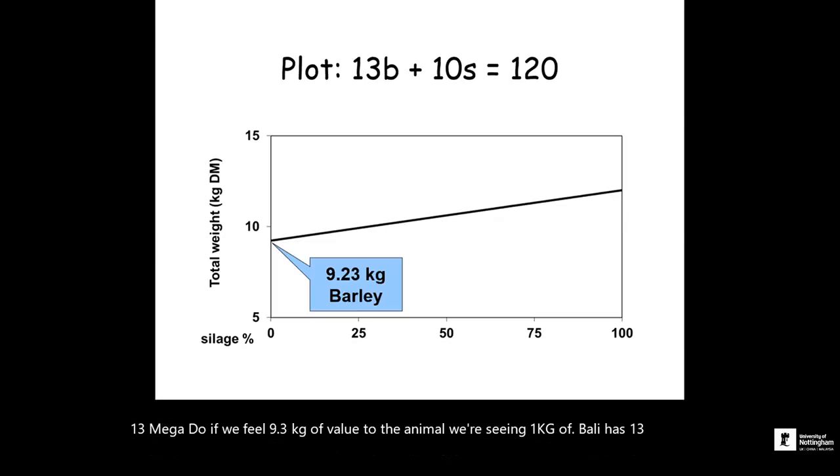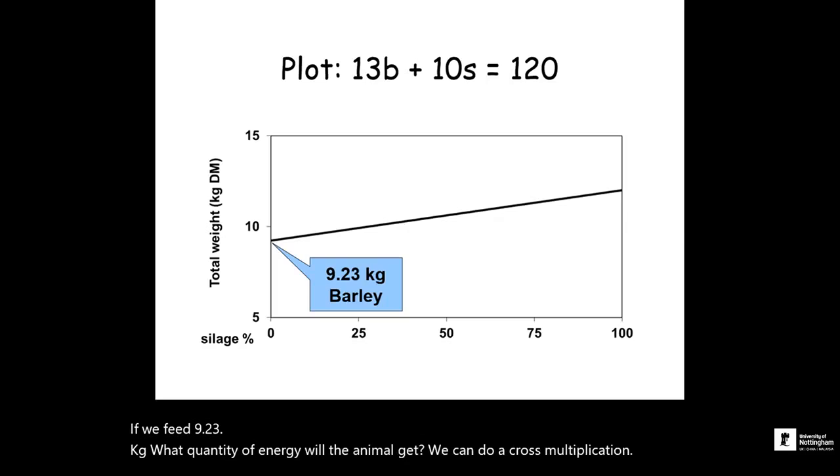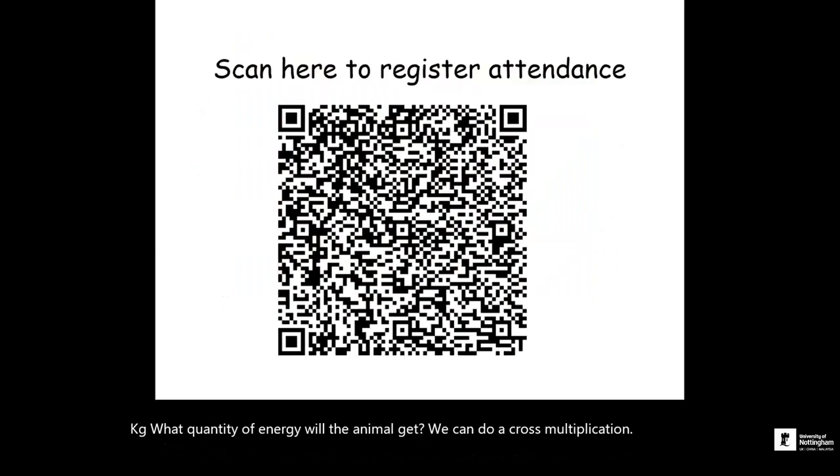If we feed 9.23 kg of barley to the animal, we're saying 1 kg of barley has 13 megajoule of energy. If we feed 9.23 kg, what quantity of energy will the animal get? We can do a simple cross multiplication, and then you will get the answer.